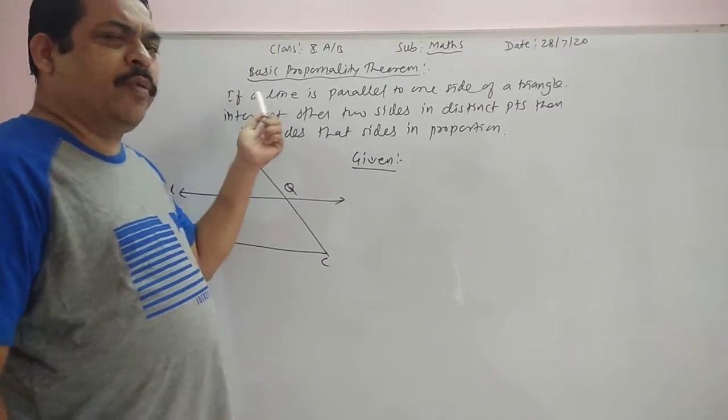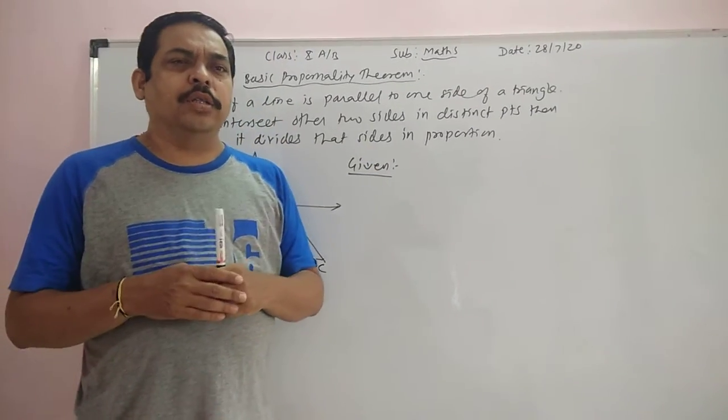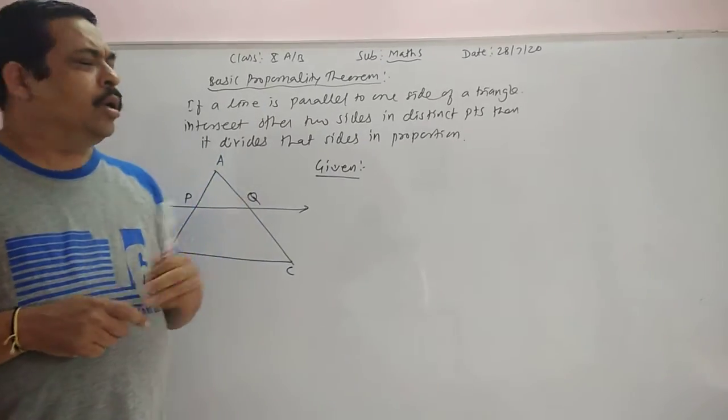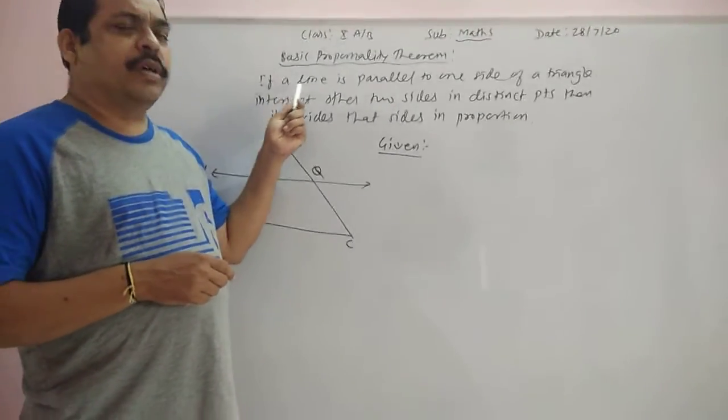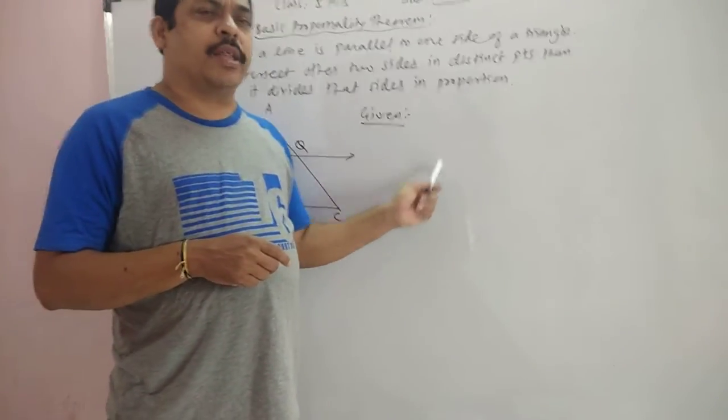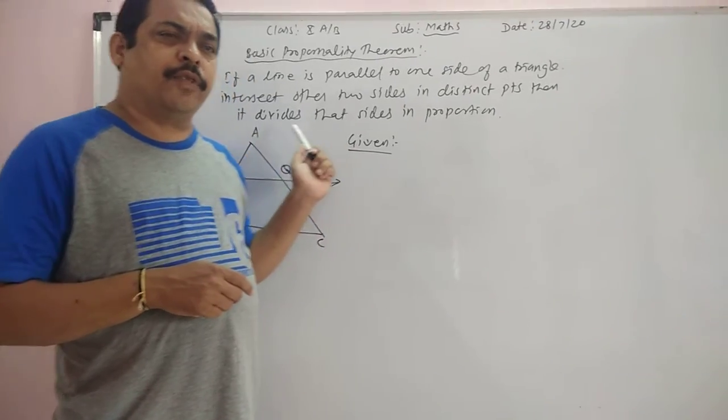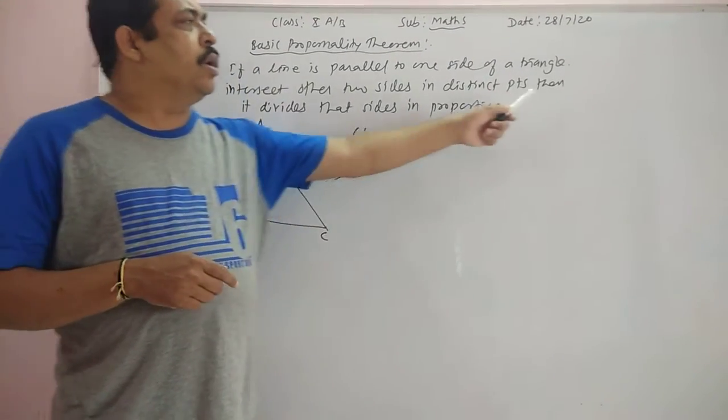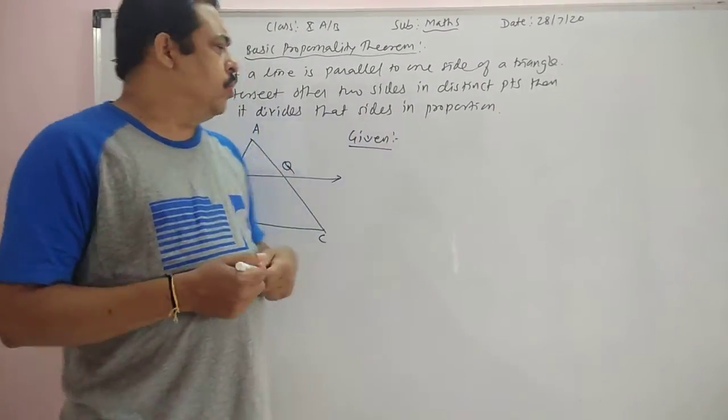When the statement is given in if-then form, the part after if we consider as the given part, and the part after then is what we have to prove.